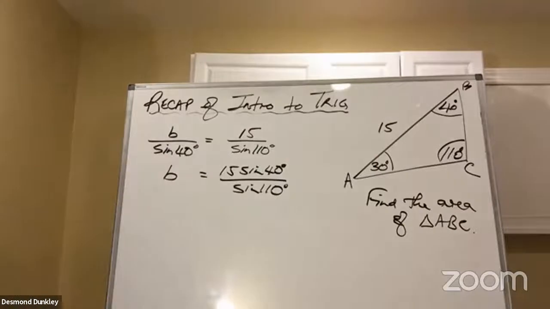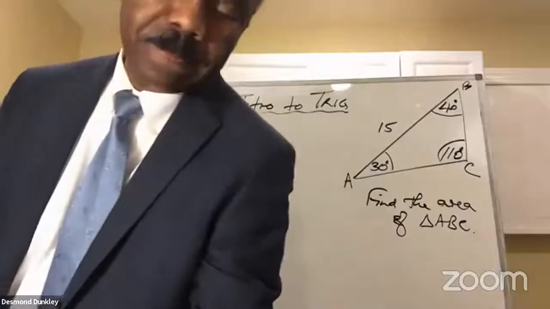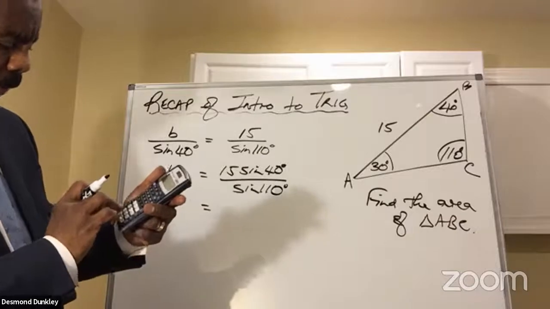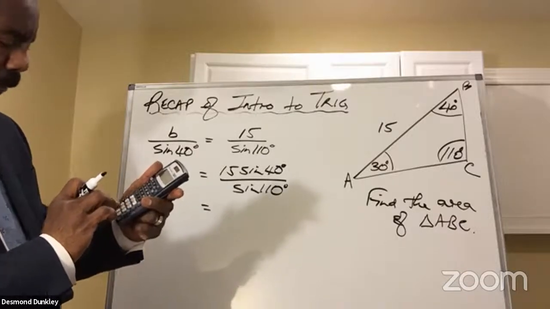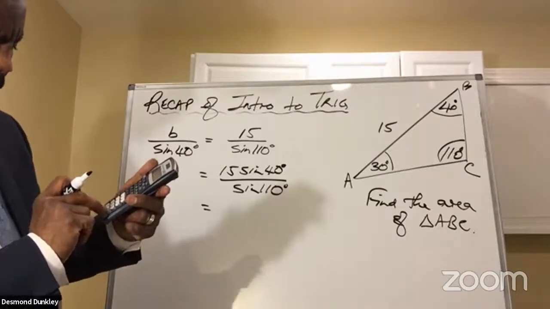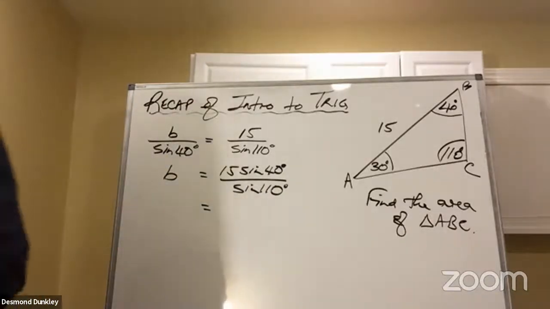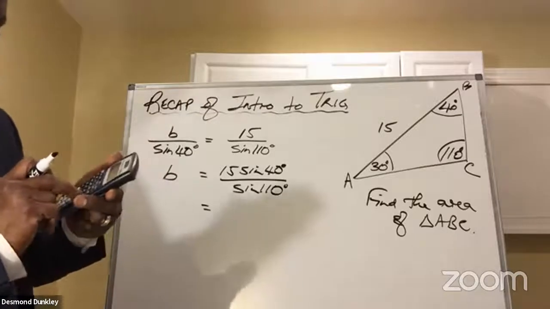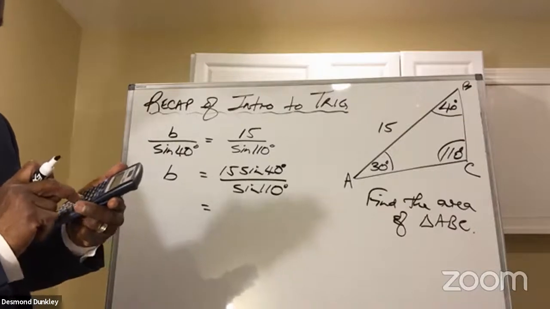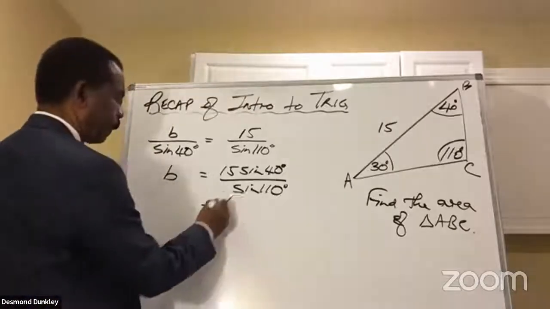No, I lied, I'm good. 15 times sine of 40 degrees is equal to 9.6418, divided by sine of 110, equal to 10.26.